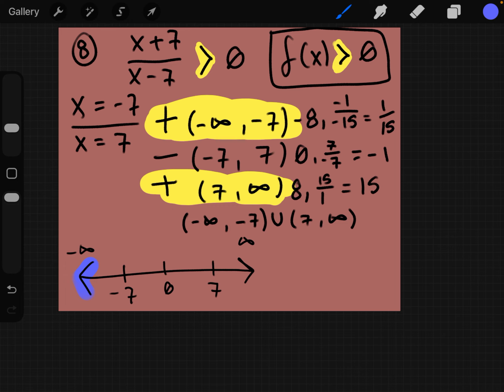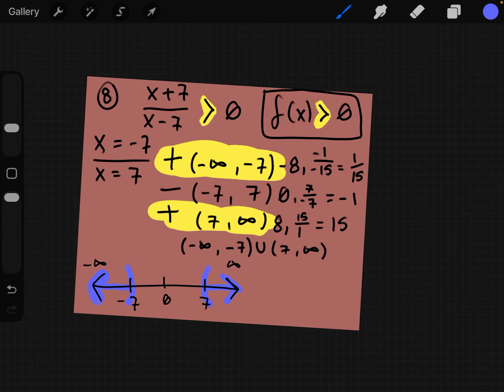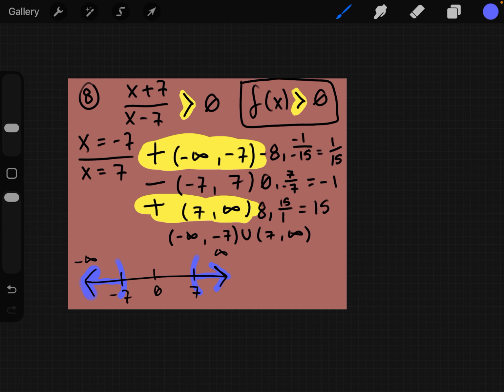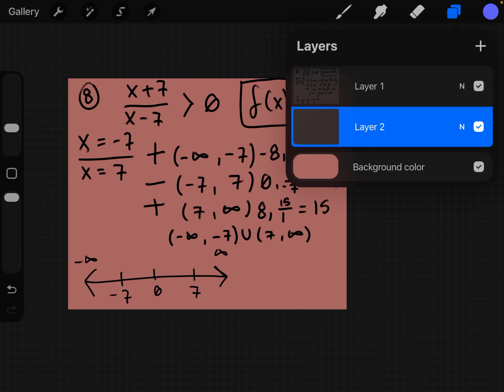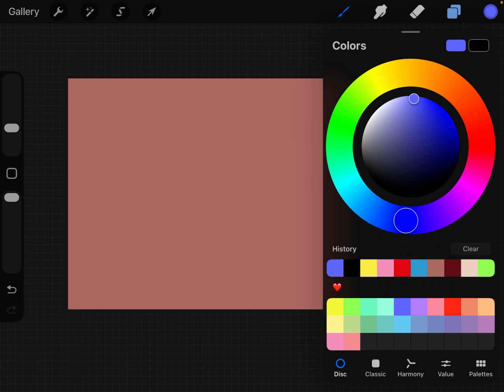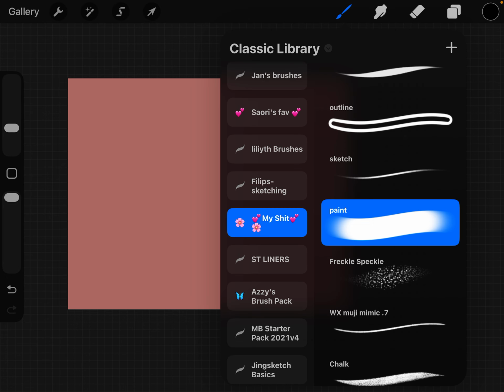On a number line, we go from negative infinity to negative 7, then 7 to infinity. And that is 8. That's one of the hardest problems on this test. I can understand being overwhelmed if you haven't had any time to study, though.